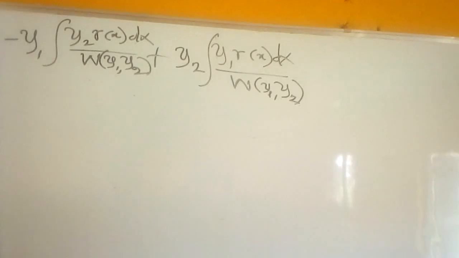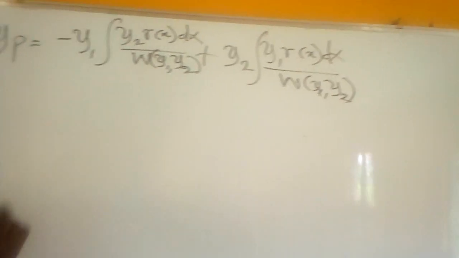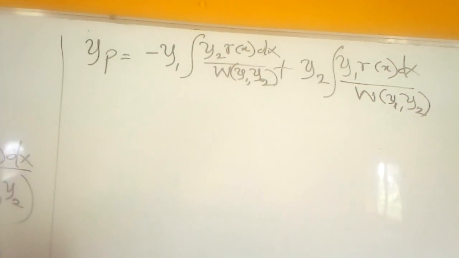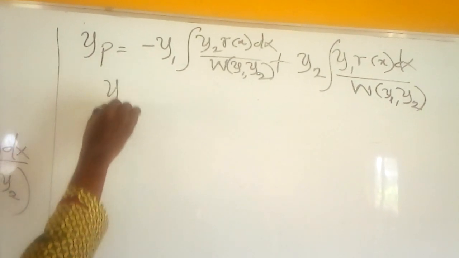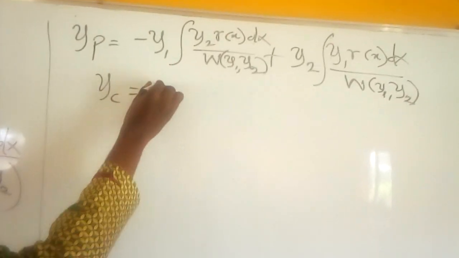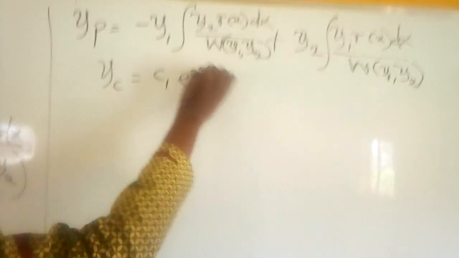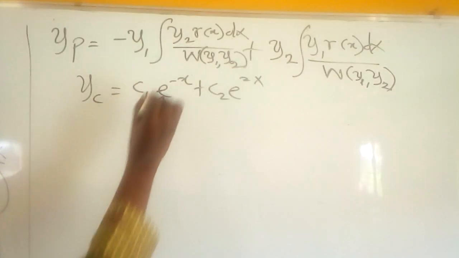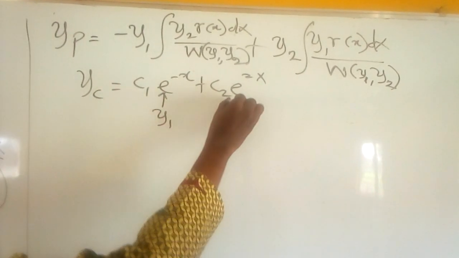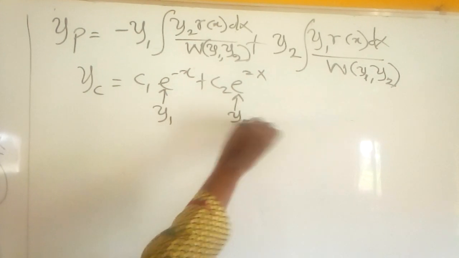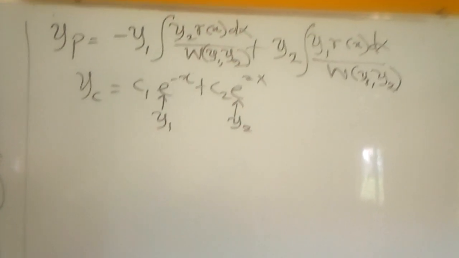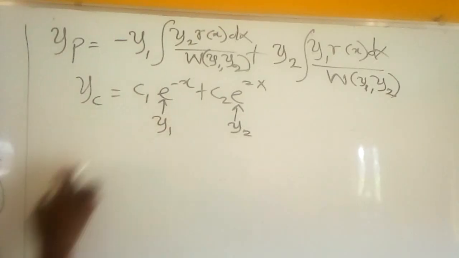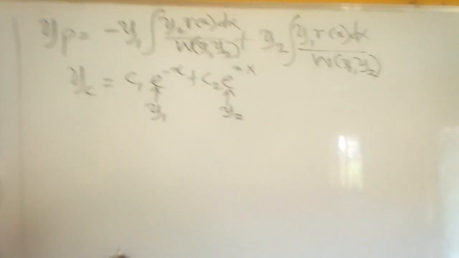Take note. So we work out the Wronskian from the homogeneous equation, where y complementary is c1 e^(-x) + c2 e^(2x). This on its own is y1 and this is y2. They are the first and the second solutions in the complementary function solution.